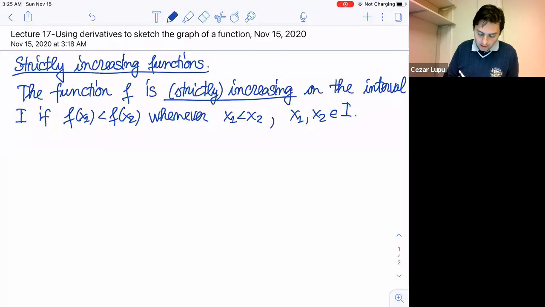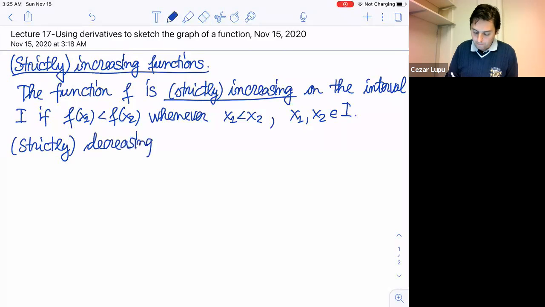And in a similar fashion, we can define decreasing functions. The definition will be very similar.